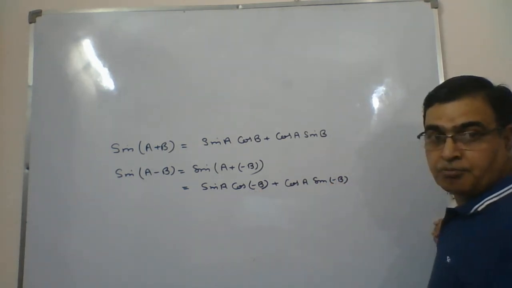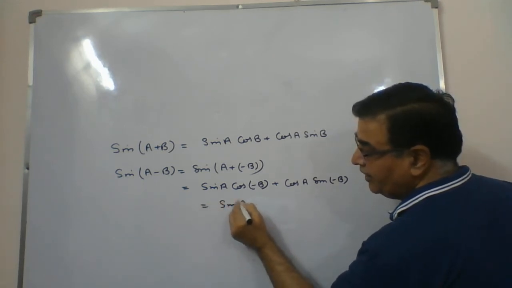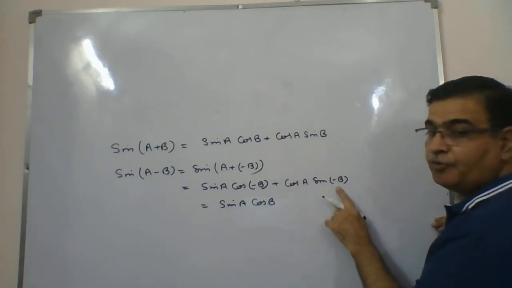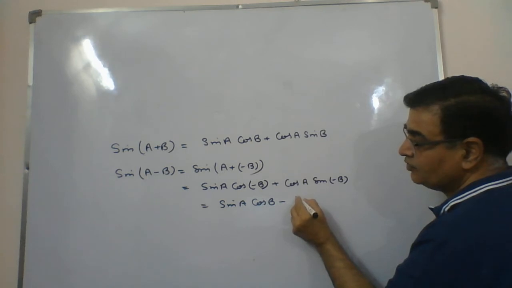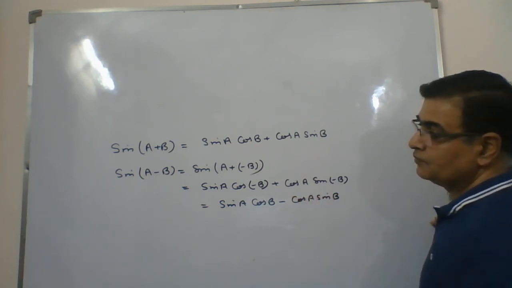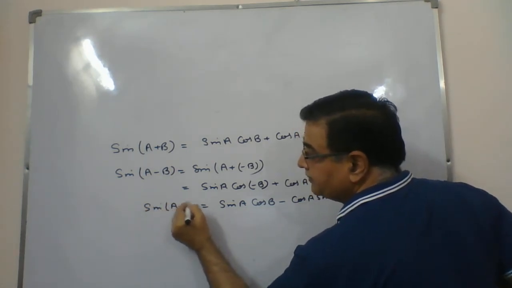Cos of minus B is cos B only, so I get sine A cos B. Sine of minus B is minus sine B, so minus will come here: minus cos A sine B. So this is the formula for sine A minus B.